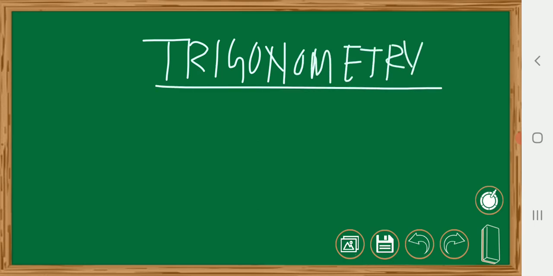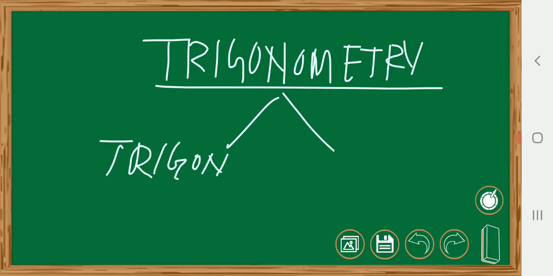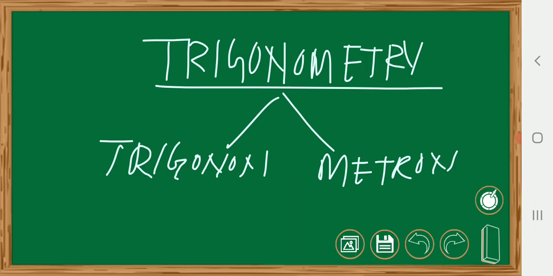This is a term, that branch of mathematics which deals with triangles and their angles. A triangle has three angles. It is a combination of two Greek words: one is trigonon, another one is metron.